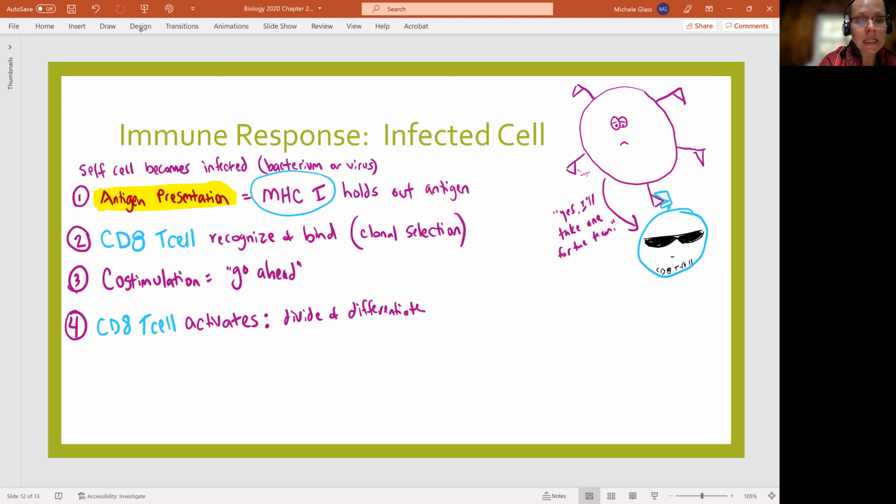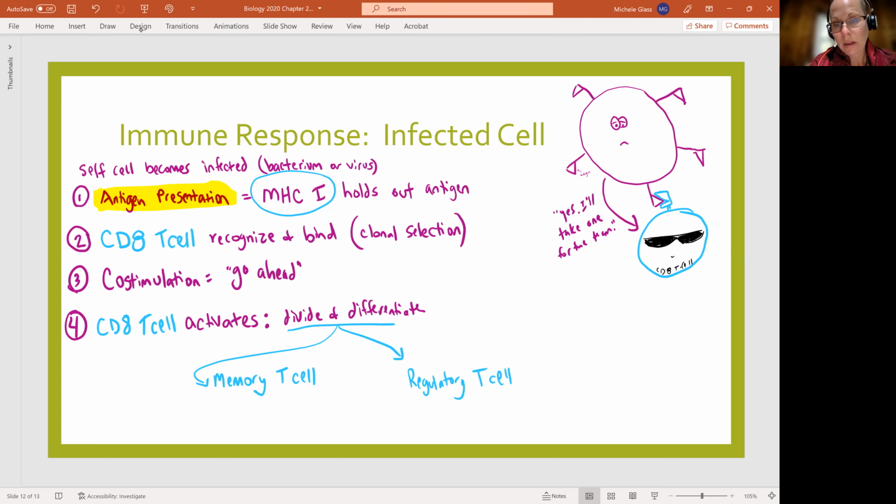So the CD8 T cell will divide and differentiate, forming a memory T cell, a regulatory T cell, and a cytotoxic T cell.